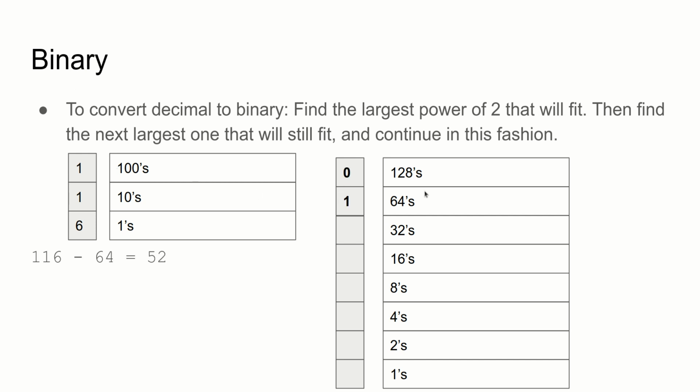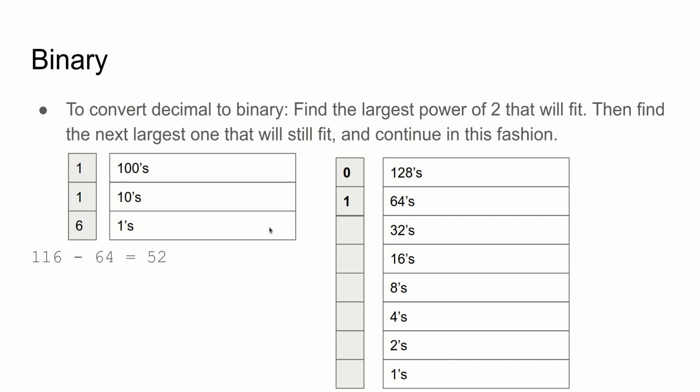But 64 is not larger than 116. So we step down to that value and we say, well, there must be a 64 in my number then. So I will subtract away that 64 from my number because I know 64 is going to be part of the sequence of place values that would add up to be 116.